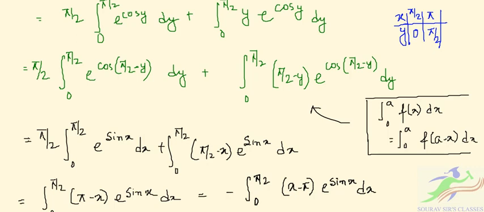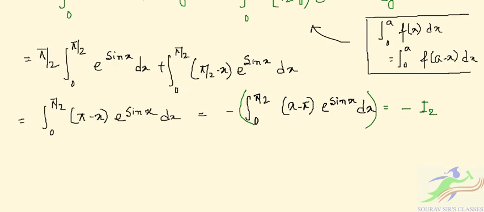So this we can consider as I2, so we can write it minus of I2. So we will find that I1 plus I2 is equal to 0. So we have to find the integral 0 to pi of f of x dx.